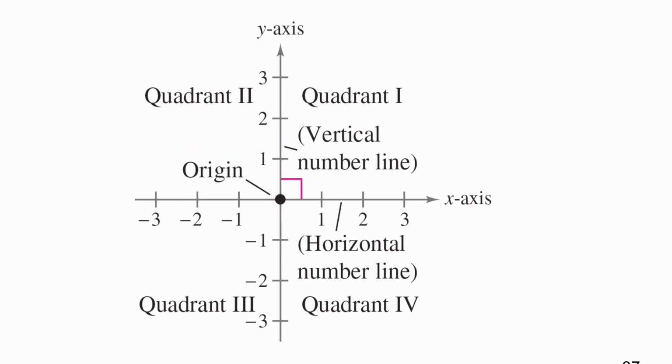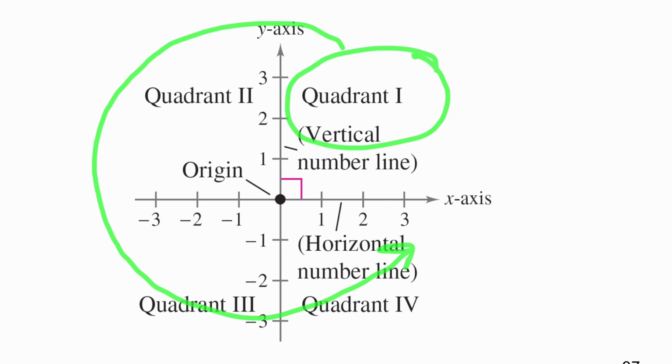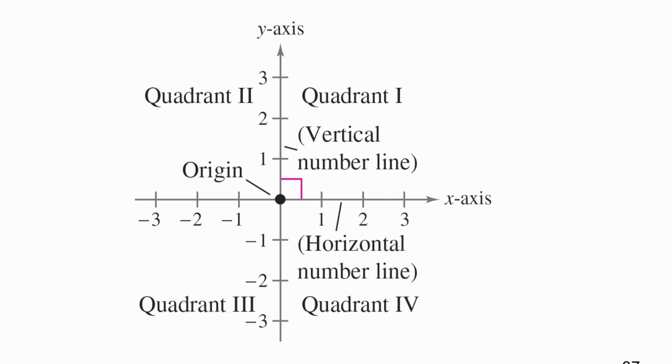And we do 1, 2, 3, 4. So it kind of goes counterclockwise. And it starts kind of where you would think it would start, but it does go backwards when you talk about the different quadrants. So 1, 2, 3, 4.